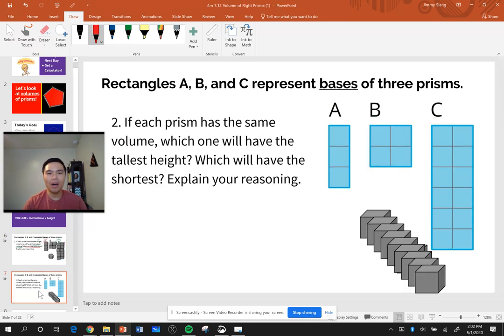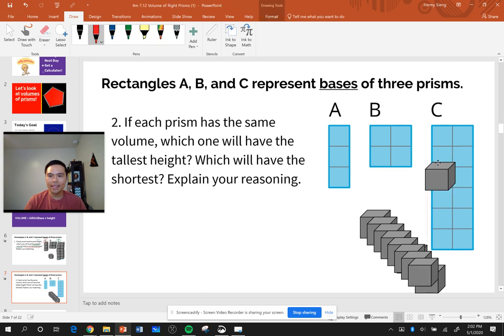So let's make this a little bit harder. If each prism has the same volume, which one will have the tallest height? Remember, volume is how much space is being filled in. So for example, let's just look at C, since that's the longest one.